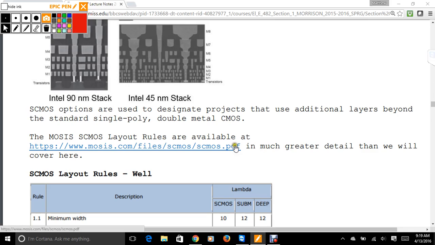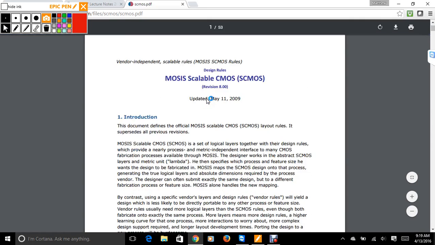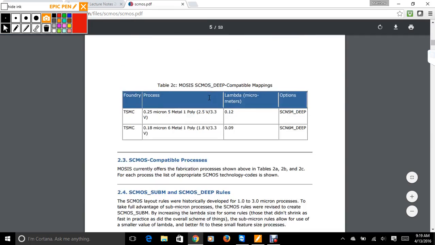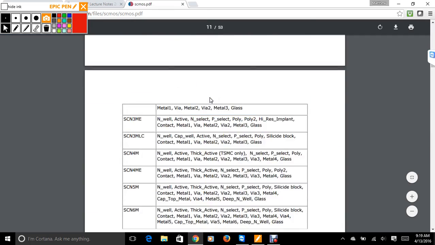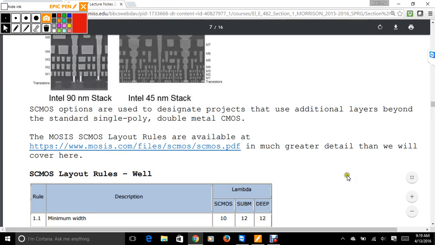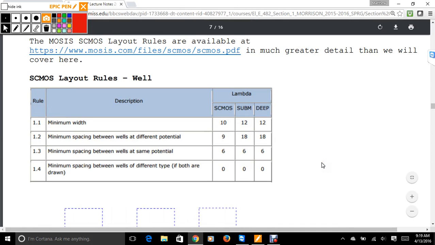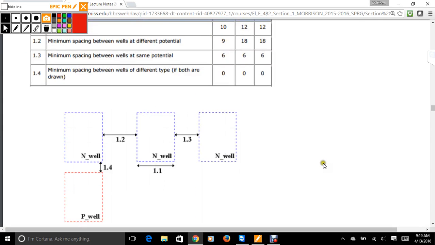You can go in, and this is all of the rules that they're using to determine whether or not all these different designs, based on what you're reading in, are valid. I've included the specific ones that I feel are going to be useful for you as you move on, like the minimum width and the minimum spacing between wells at different potentials.